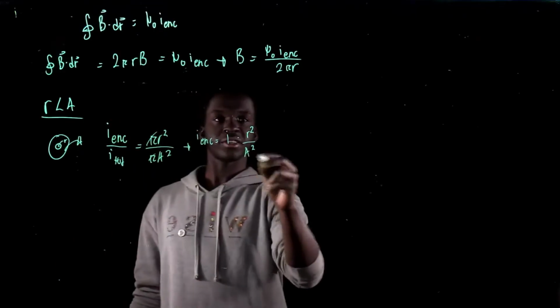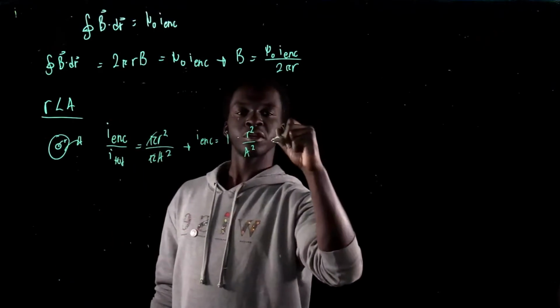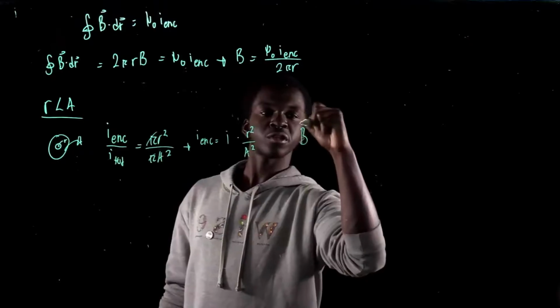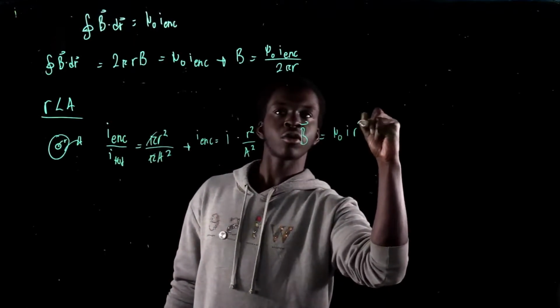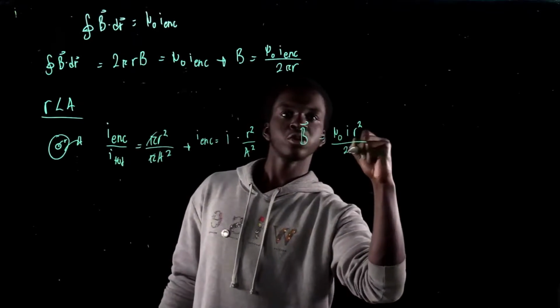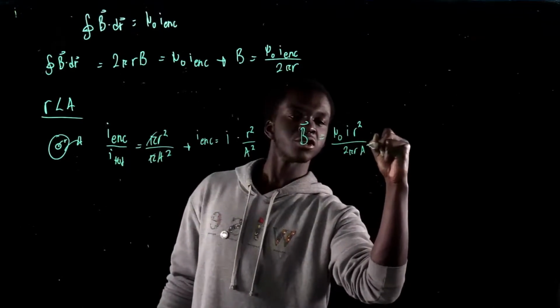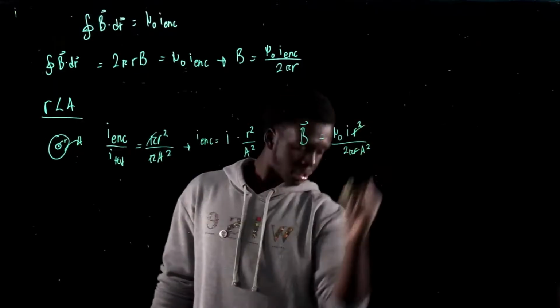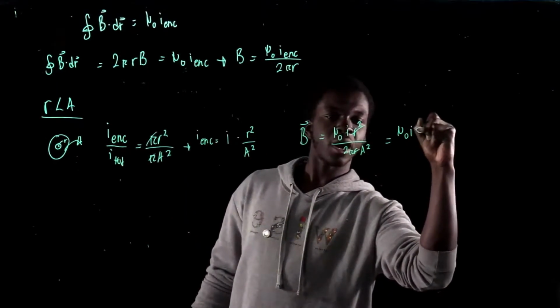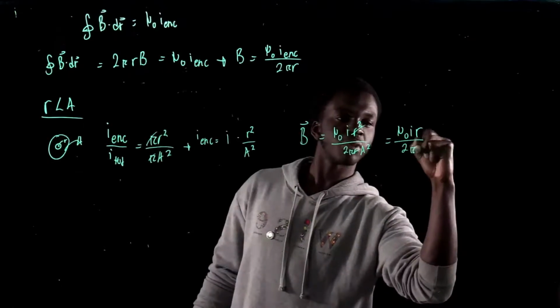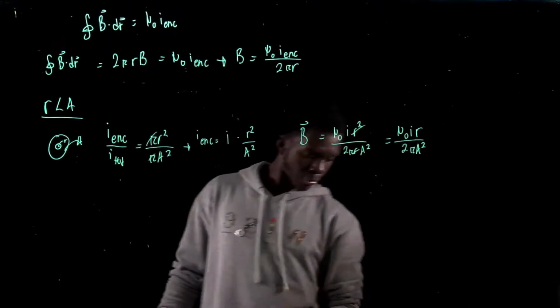And then you plug this in. So the final answer you get for this, B is equal to mu naught I r squared over 2 pi r a squared. That goes away, one r goes away, which is equal to mu naught I r over 2 pi a squared.